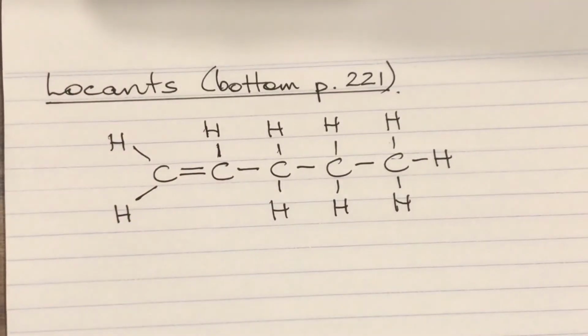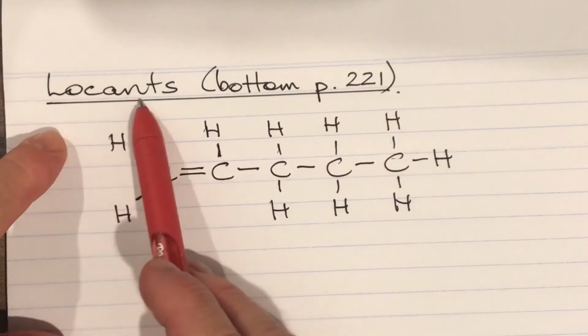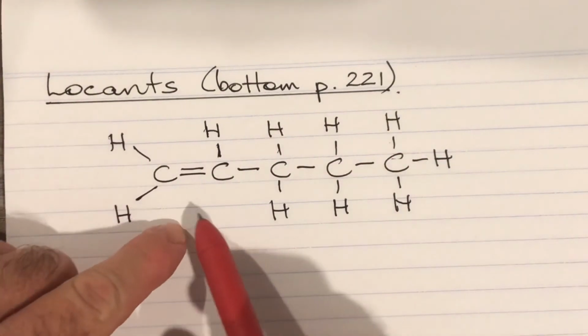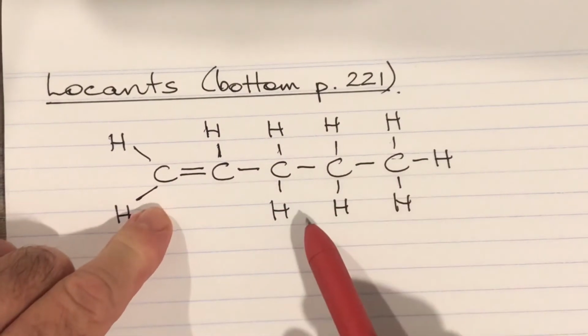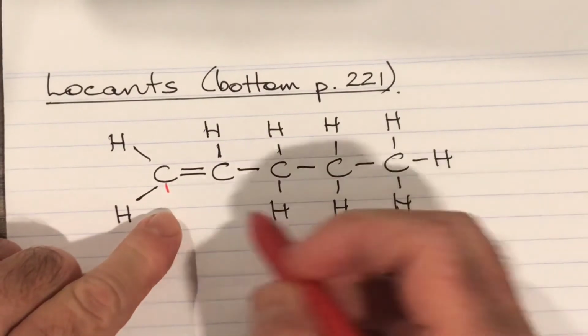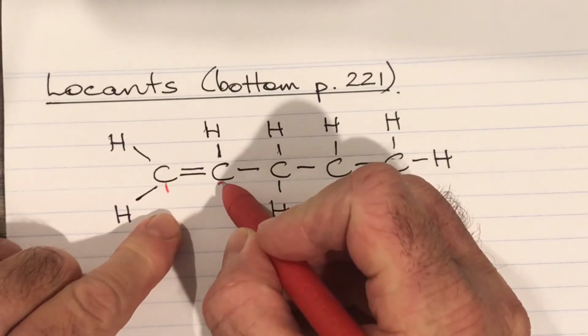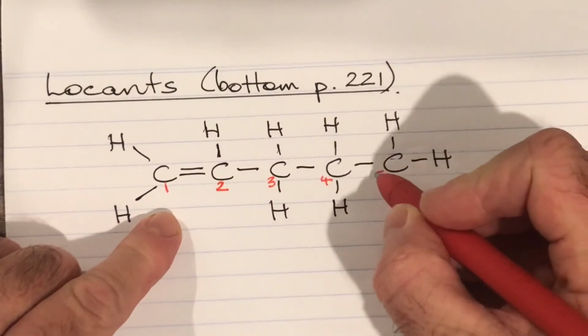At the bottom of page 221, it talks about this word, locants. And it's just simply a way of numbering the main chain carbons. We can number this main chain carbon with 1, 2, 3, 4, 5.